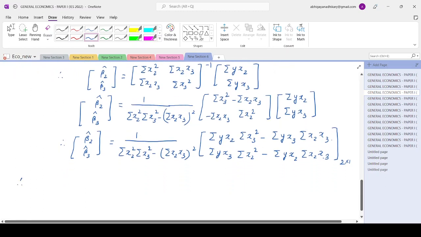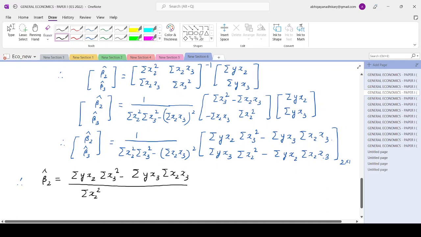Therefore, what are my final values? So what is beta 2 hat? It is summation yx2 multiplied by summation x3 square minus summation yx3 summation x2 x3, whole thing divided by summation x2 square summation x3 square minus summation x2 x3 whole square.